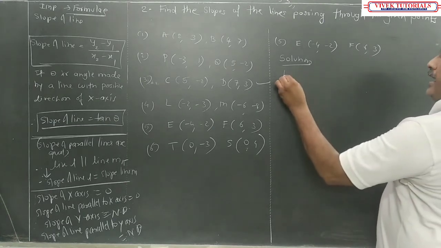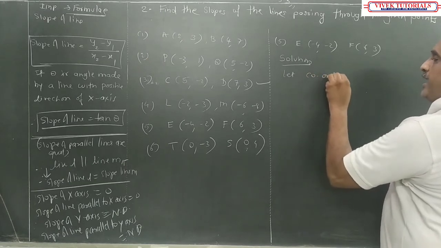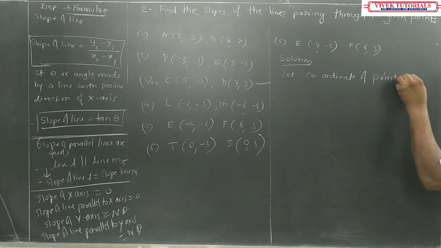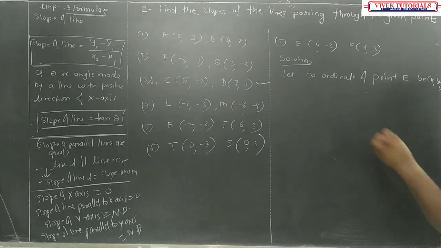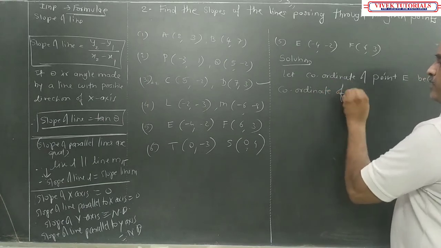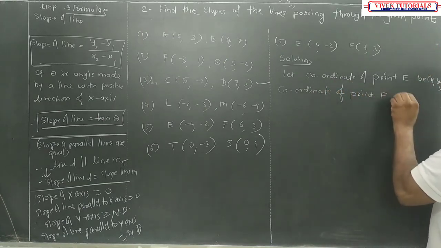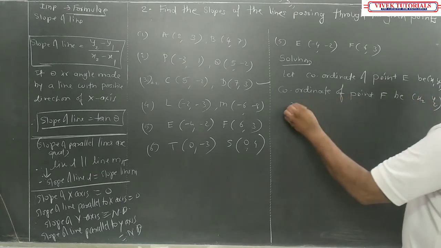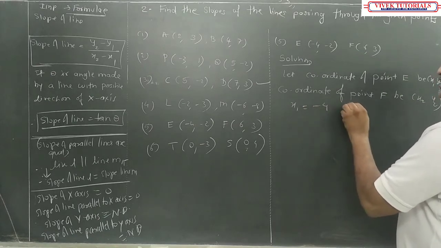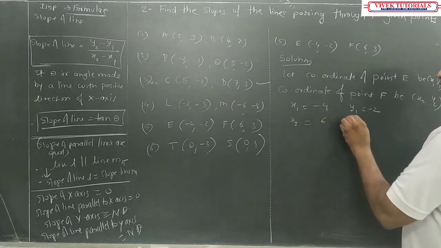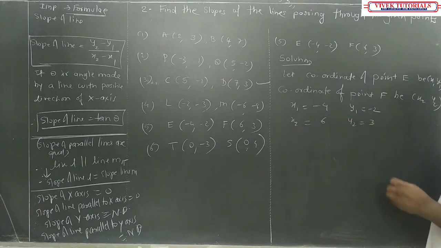So let the coordinates of point E be (x1, y1) and the coordinates of point F be (x2, y2). x1 is equal to -4, y1 is equal to -2, x2 is equal to 6, y2 is equal to 3.